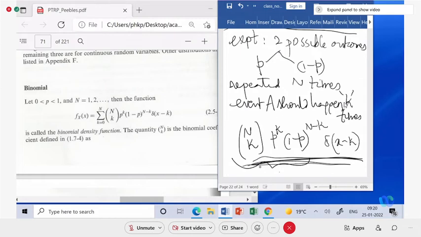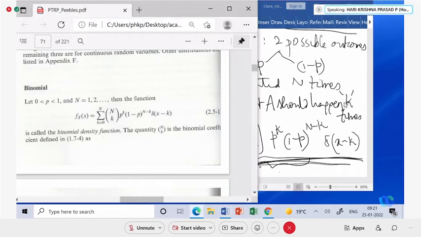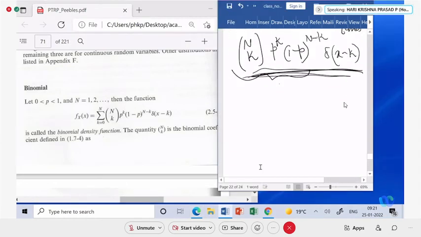So out of Bernoulli trials, I have a random variable taking values. That random variable is represented by the density function given by equation 2.5-1. Once we got this expression, I want to verify whether it is a true probability density function or not.